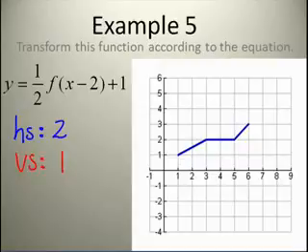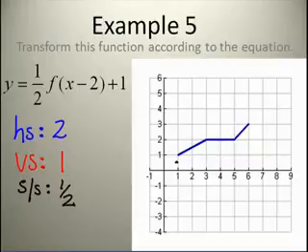But in addition, I've also got to shrink or stretch it by a factor of 1/2. Okay, and again, as you know, I like to do my shrink or stretch first. So this y value was 1, so the new y value has to be half of that. So that'd be right here, but now I need to apply my shifts.